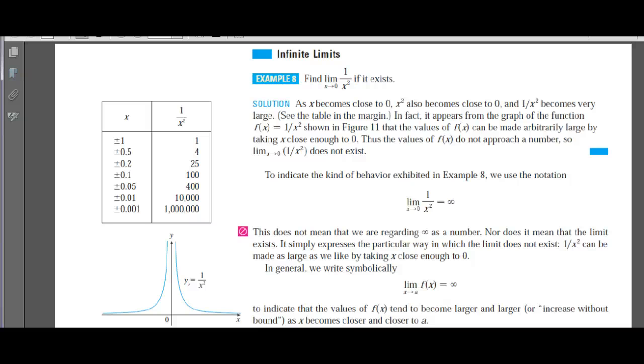In general, we write symbolically the limit as x approaches a of f(x) is equal to infinity to indicate that the values of f(x) tend to become larger and larger, or increase without bound, as x becomes closer and closer to a. So you can say does not exist, and you can say infinity for this one.